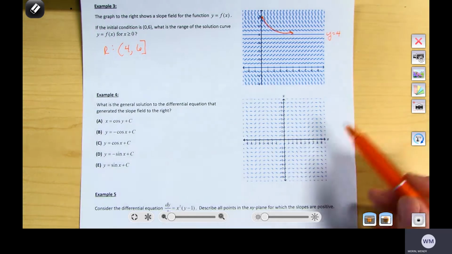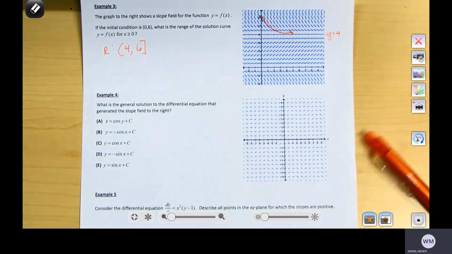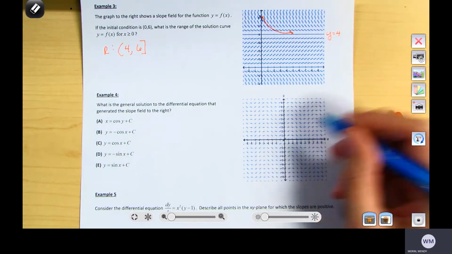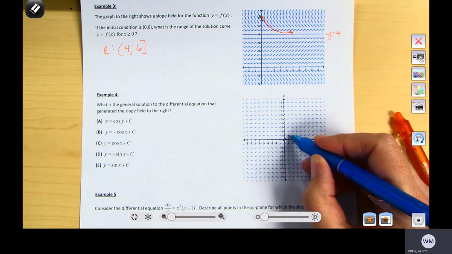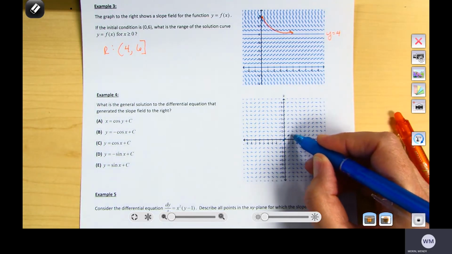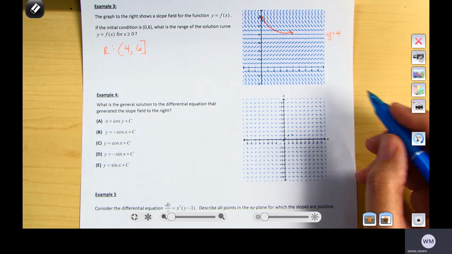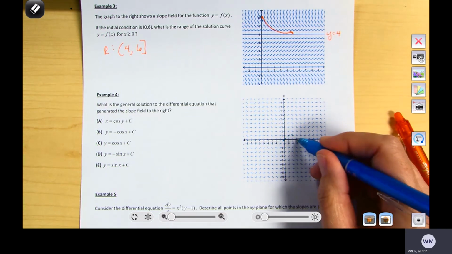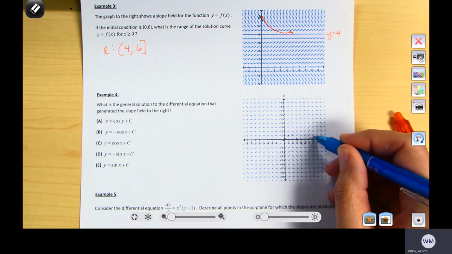So let's look at our mini tangents here. You see we've got a mini tangent to the curve right here. There's a little mini tangent there. There's a little mini tangent here and mini tangent here. So if you kind of look, what graph is that?